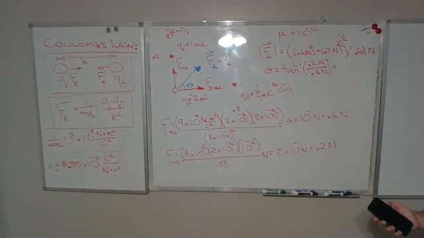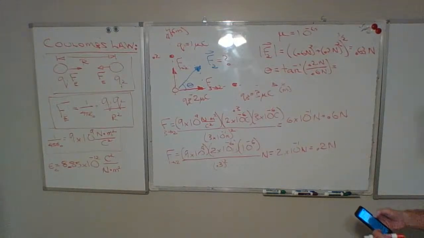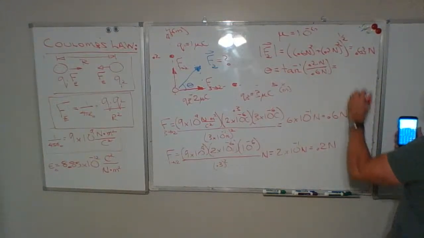So that's the inverse tangent of 1/3. So let's figure out what the inverse tangent of 1/3 is. So let's see, inverse tan. I get 18.4 degrees.